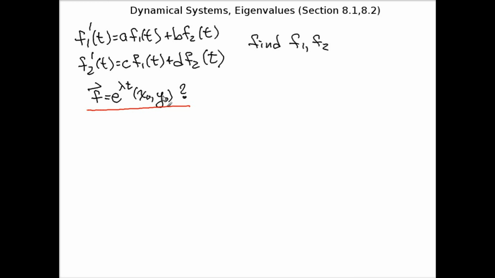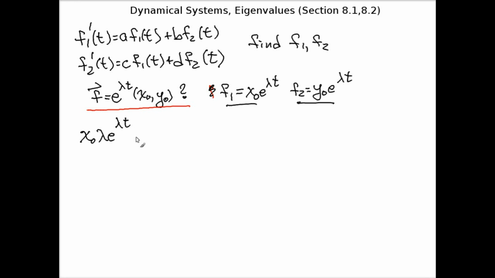Well, this is this pair of functions. So what are f1 and f2? F1 is the first coordinate, which is to say x naught e to the lambda t, and f2 is y naught e to the lambda t. So let's just plug these in up here and see what we get. So f1 prime is x naught lambda e to the lambda t. That's what happens when you take the derivative of this.